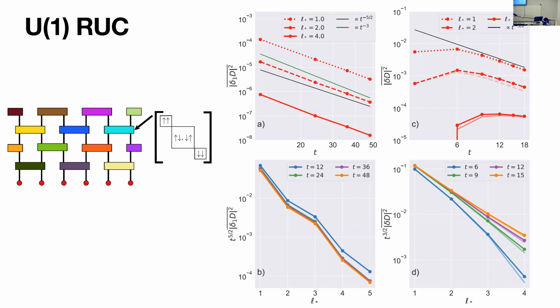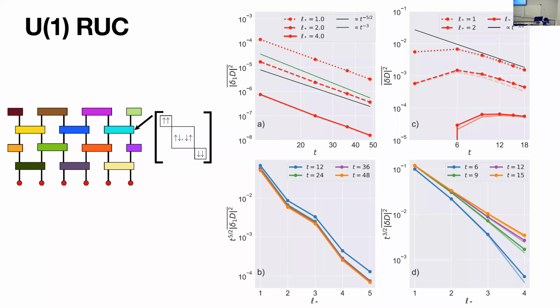We are more limited in L star here because to do the random circuit calculation, you have to double the system and you end up having more memory constraints. But so far as we're able to tell, we've been able to push it to larger L stars actually, but we've never seen any indication that it's anything other than exponential decay. So there's no slowing of the decay with L star.